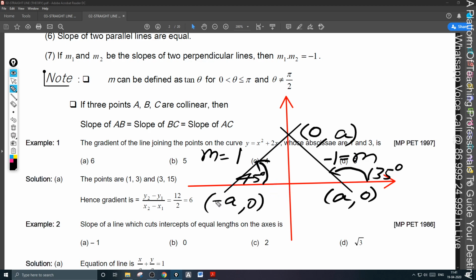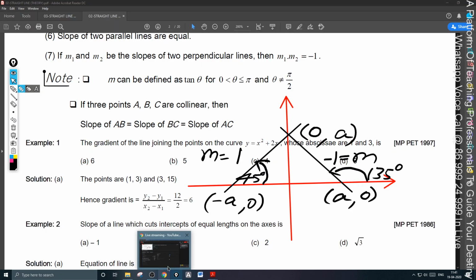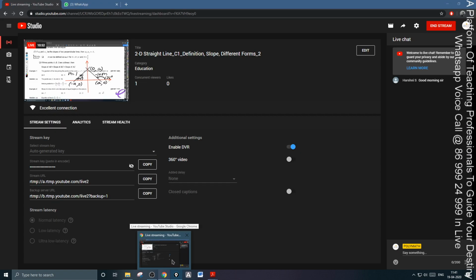So you have to remember this as a result. That is, the lines that are making equal intercepts on the coordinate axes have the slope plus or minus 1. You will have to make use of it in the other problems.